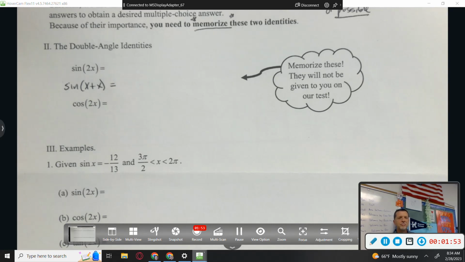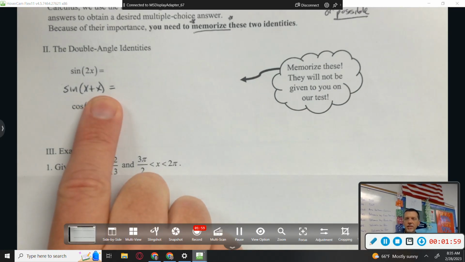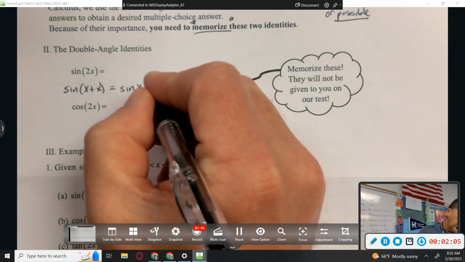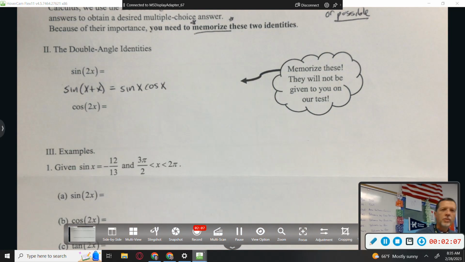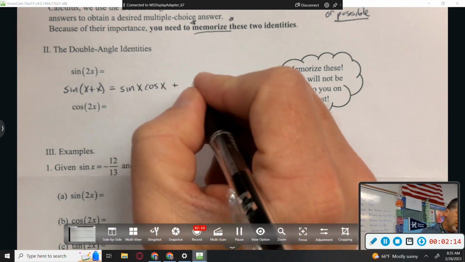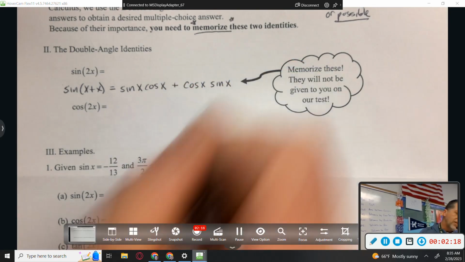And so why would you do that? Except that we have a formula for the sine of the sum. And the sine of the sum formula is sine of the first one, cosine of the second one, plus cosine of the first one, sine of the second one.